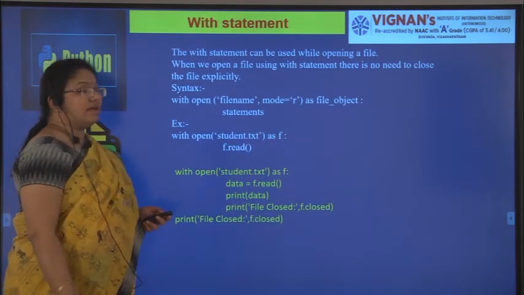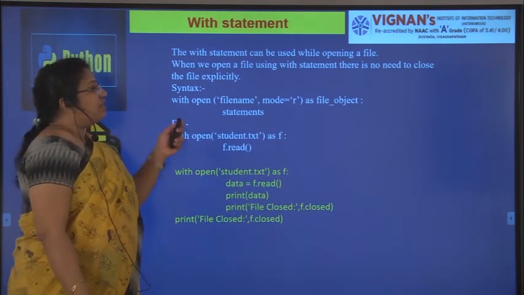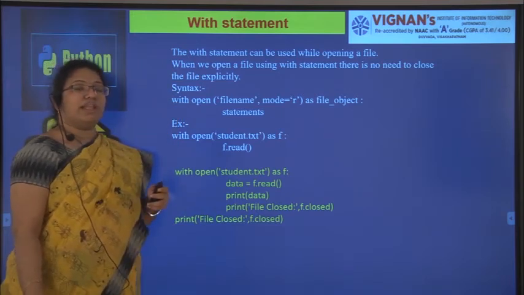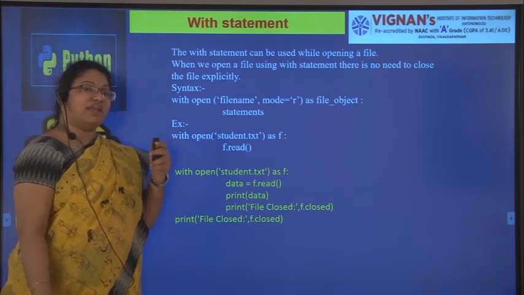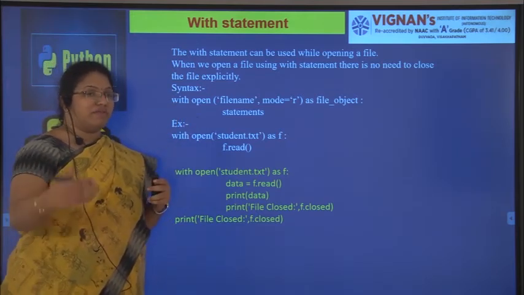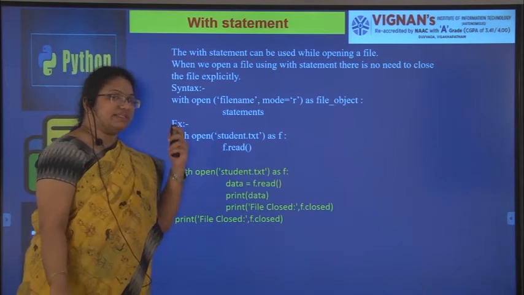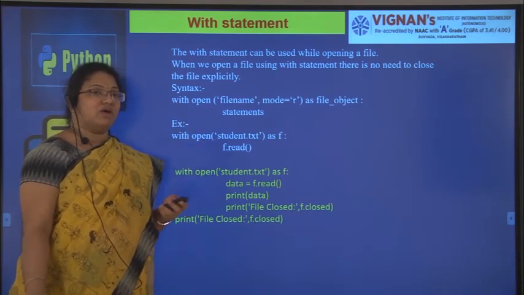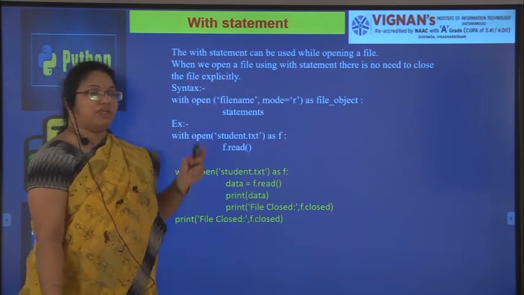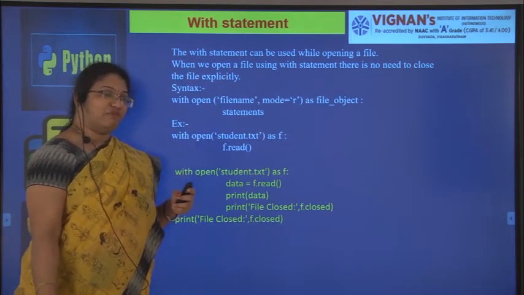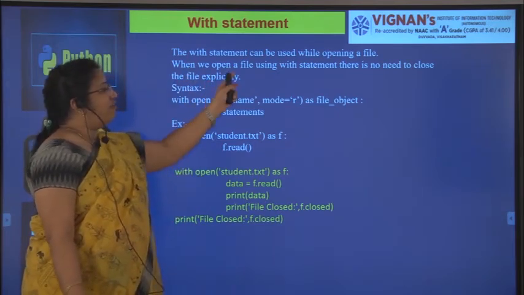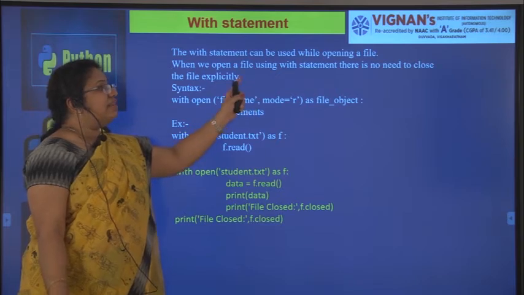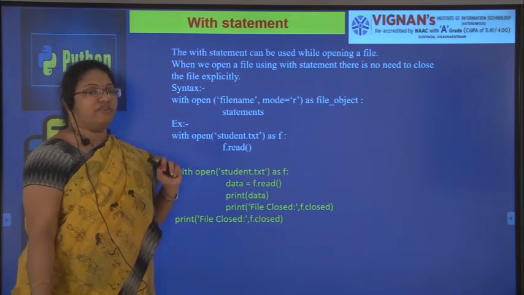Next one is your with statement. The with statement can be used while you are opening a file. We can use this with keyword also. While learning the keywords, we discussed with, no. So you can use with for files. When you open a file using the with statement, there is no need of closing your file.